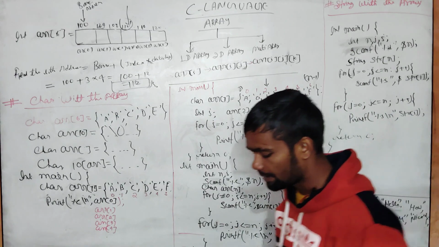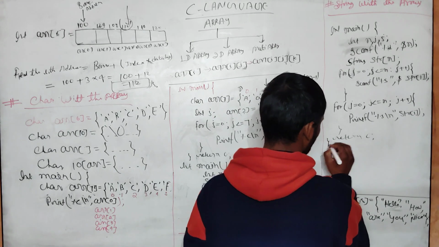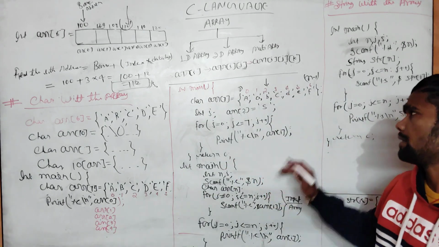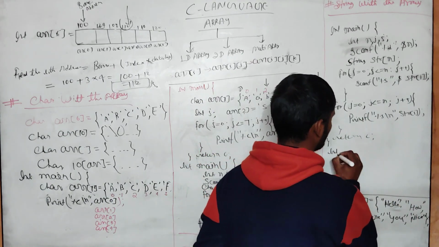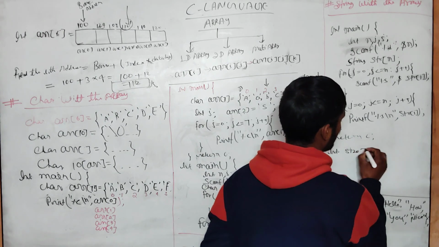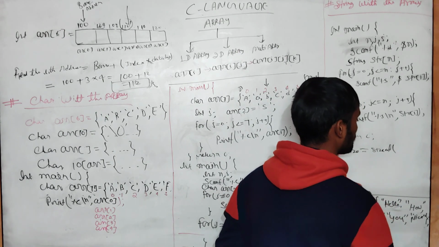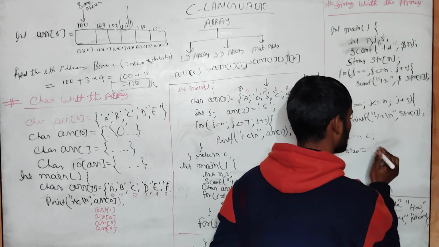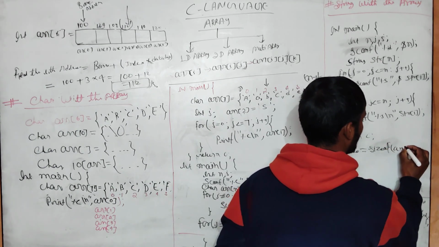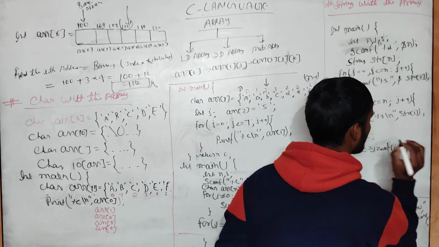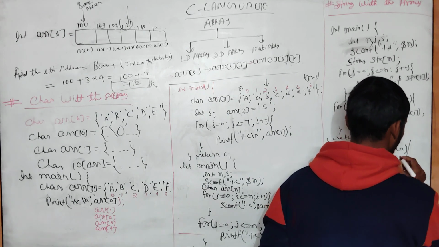Now I'm going to show how to find the size of an array. I'm just writing one line of code, one piece of code. You need to write it inside the main function and print it. Okay, I'm writing here int size is equal to sizeof, arr.